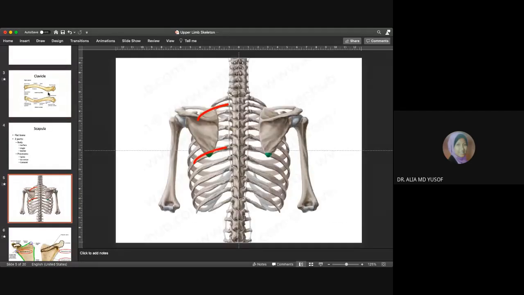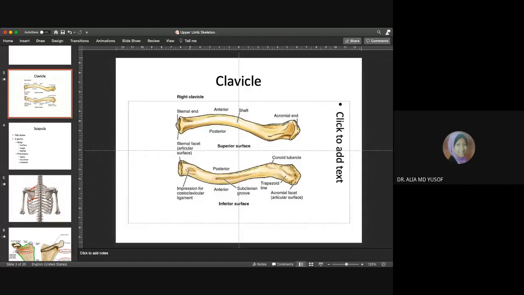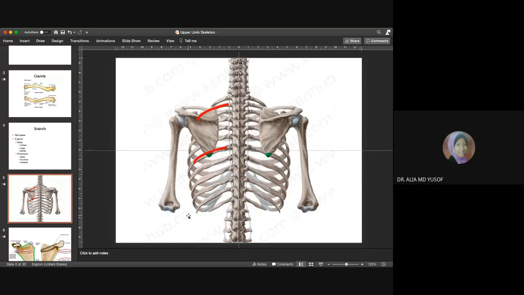Scapula is, okay. Clavicle is located at the anterior collarbone. Okay. Anterior of the thoracic area. Kalau scapula pula, it is located at the posterior, at the back. Okay. The scapula is a triangular bone, triangular shaped bone. It is mostly flat bone with only three prominent irregular structures.